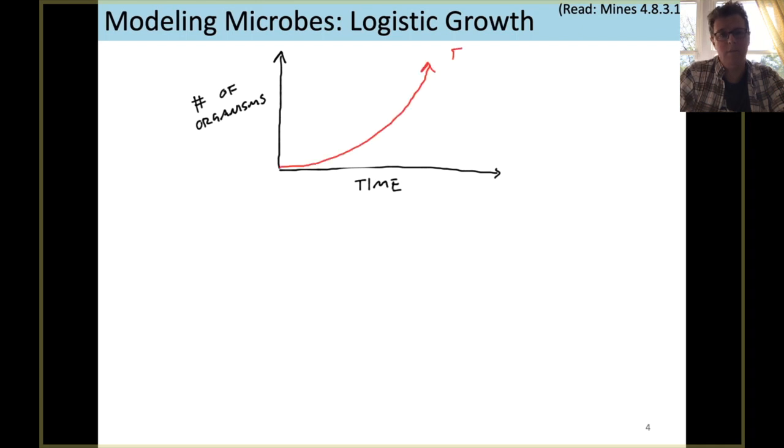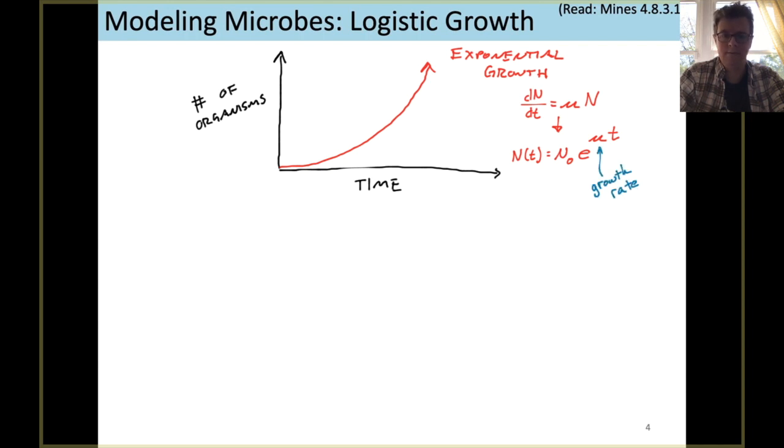If we think about the number of organisms through time, and represent this as exponential growth, as indicated in red, what we're saying is that the change in number per change in time, dN/dt, is equal to some growth rate, mu, multiplied by the number N. And of course we can separate variables and integrate and get an expression that describes the population as a function of mu, which again is the growth rate for the organism.